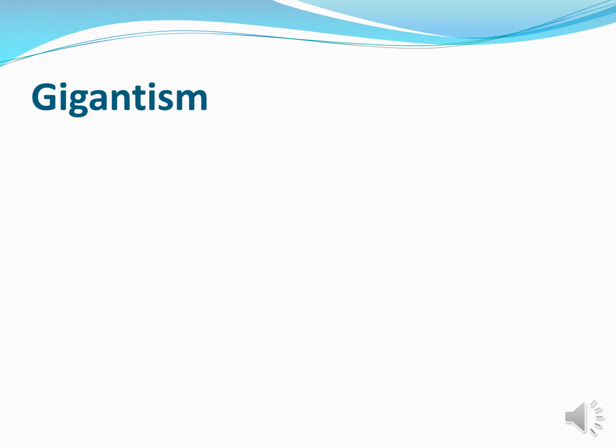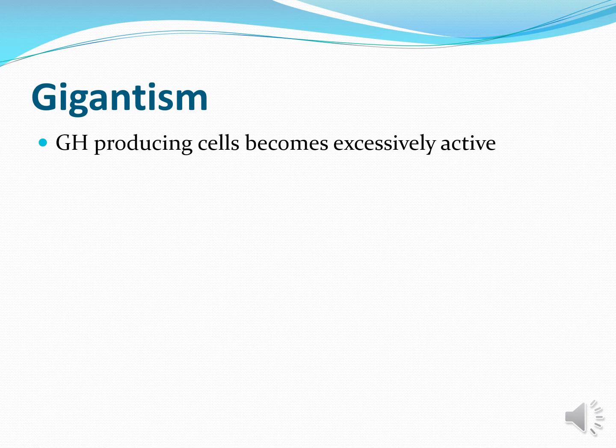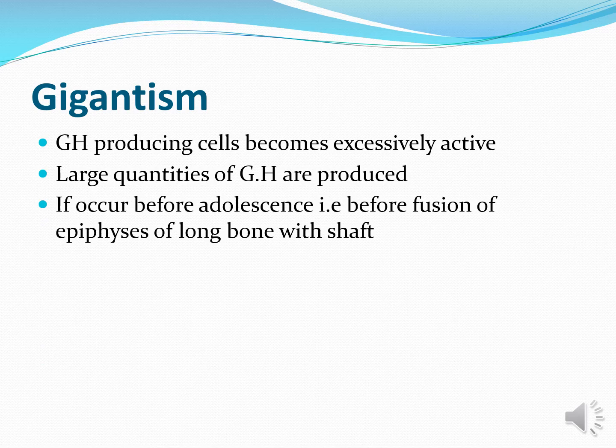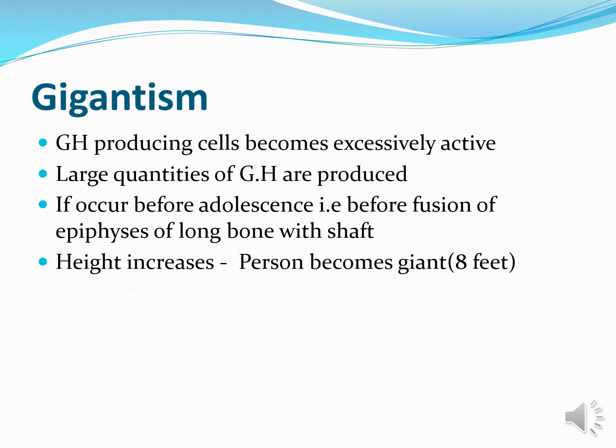In gigantism, the acidophilic growth hormone producing cells of the anterior pituitary become excessively active and large quantities of growth hormone are produced. If this occurs before fusion of epiphyses of long bones with shaft, there is a highest increase in height so that the person becomes a giant, approximately 8 feet.